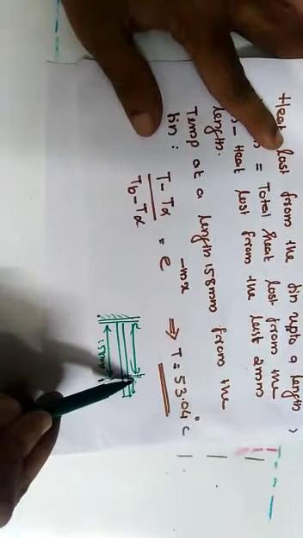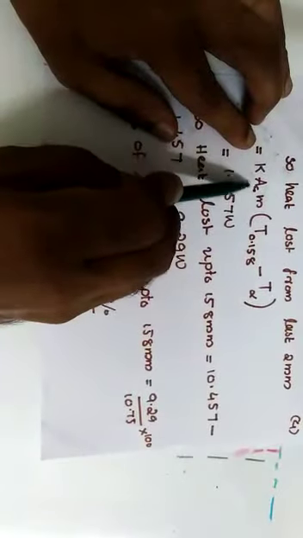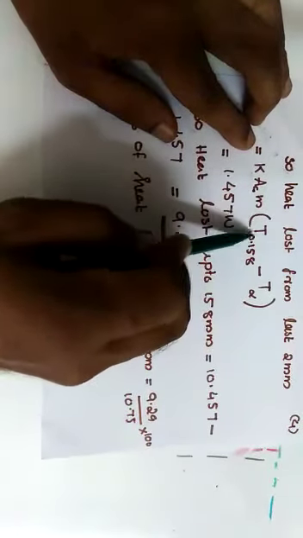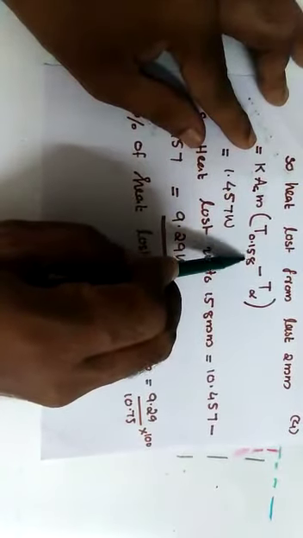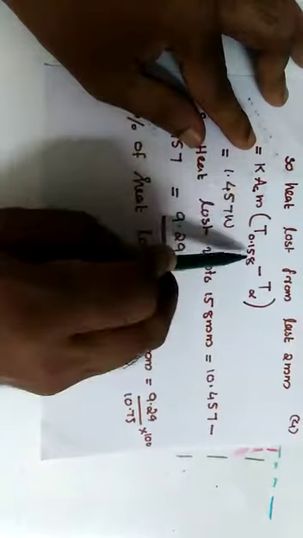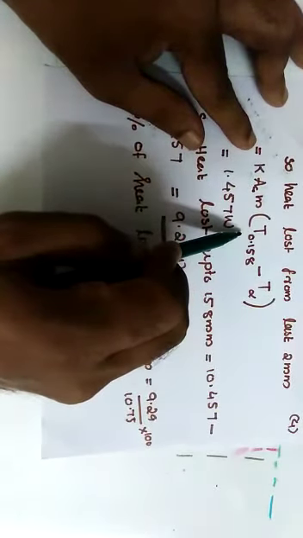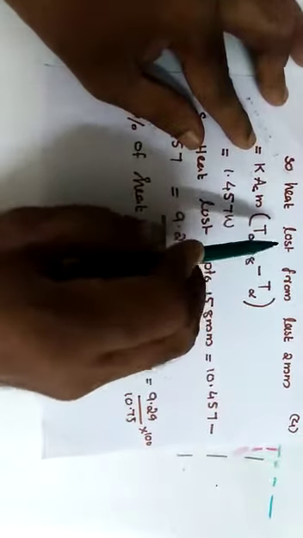So heat transfer rate from the last 2 mm equal to K into AC into M into TB1, that is temperature at a distance 158 mm from the root of the fin minus T infinity. We already calculated the temperature at a distance 158 from the root of the fin.